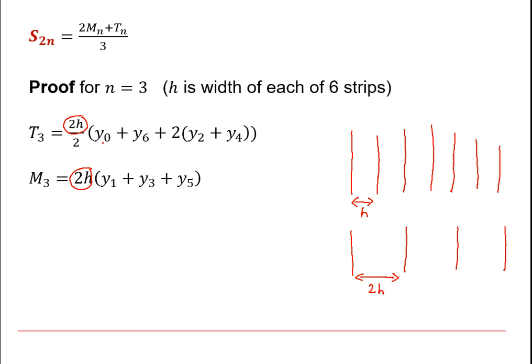And then for the trapezium rule we've got y0, that's the y coordinate at the top of that strip, that's y6 there, and then y1 was there, y2 was there, and so on.